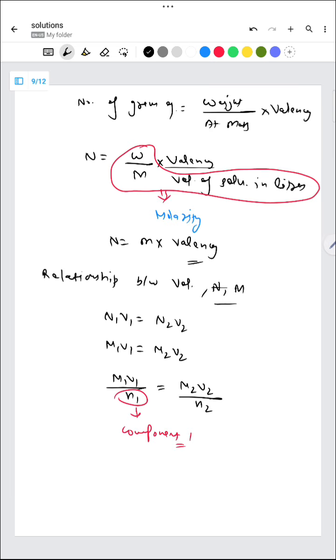Now if we are going to mix two kinds of solution, one solution has N1 normality and V1 volume, and the other has N2 normality and V2 volume, and we have to find the normality of the solution on mixing.